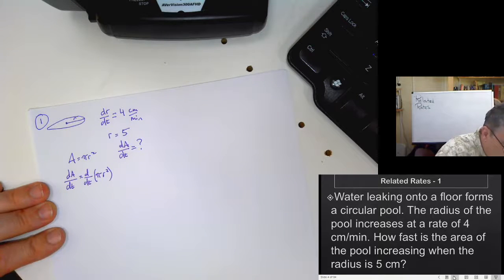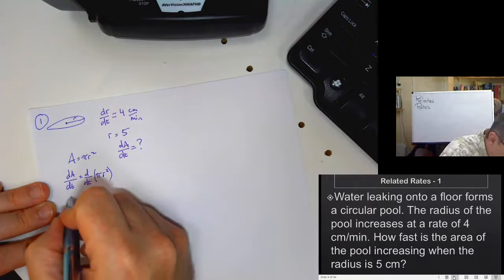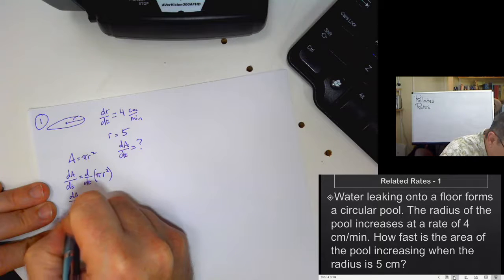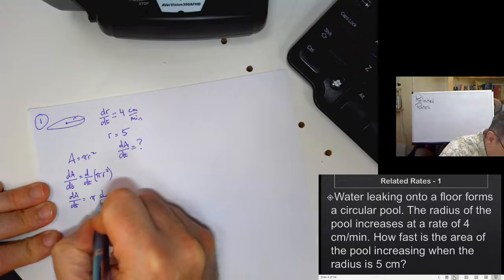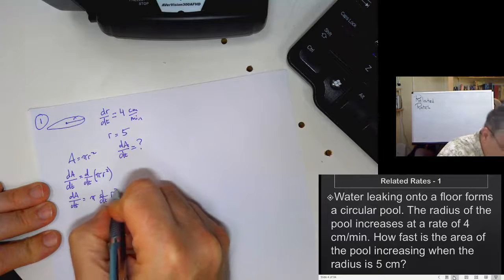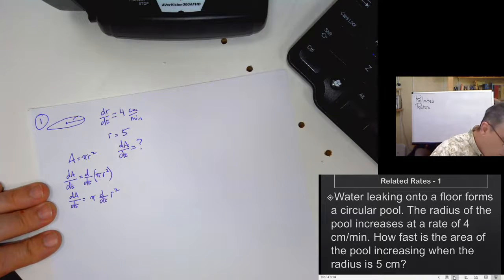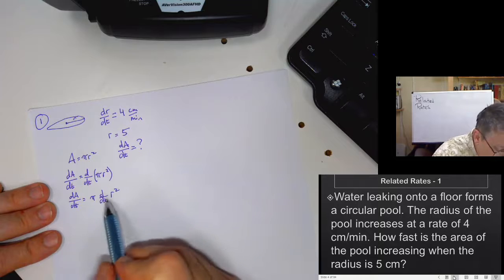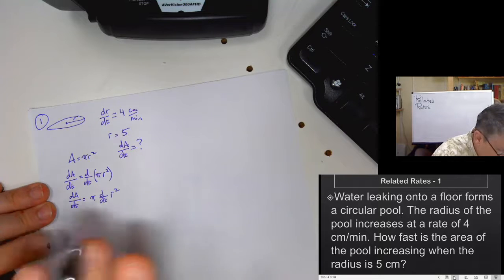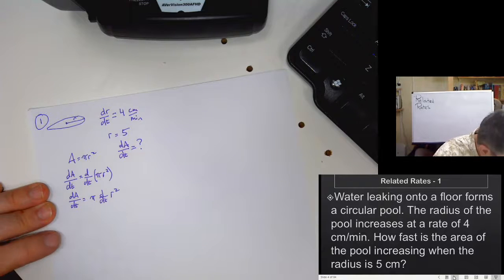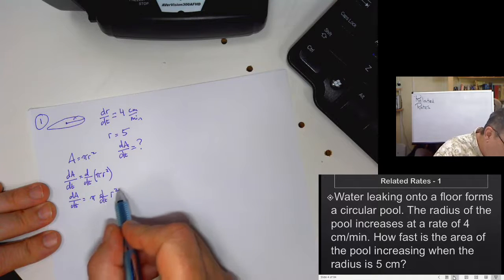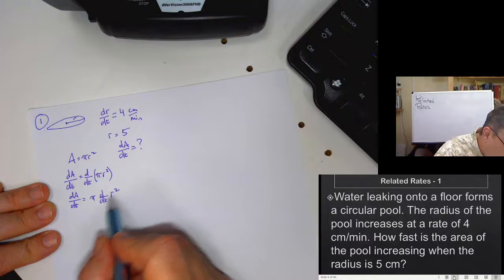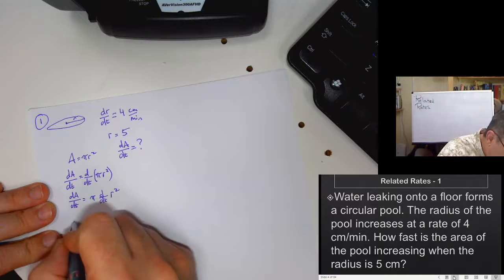Okay, but pi is a constant, isn't it? So we can take the constant out. Pi d/dt of r squared. Now it's kind of the implicit differentiation kind of thing. So we're going to differentiate that, but then we're going to leave a dr/dt hanging out on the end.